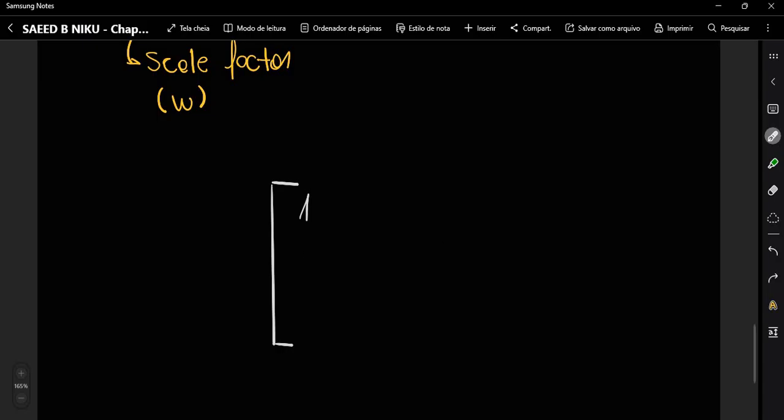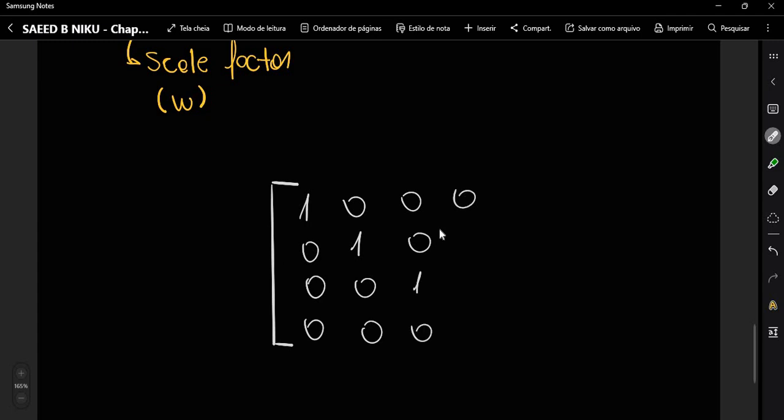So you can identify a transformation of translation every time you see this identity matrix. So that is the characteristic of an identity matrix.